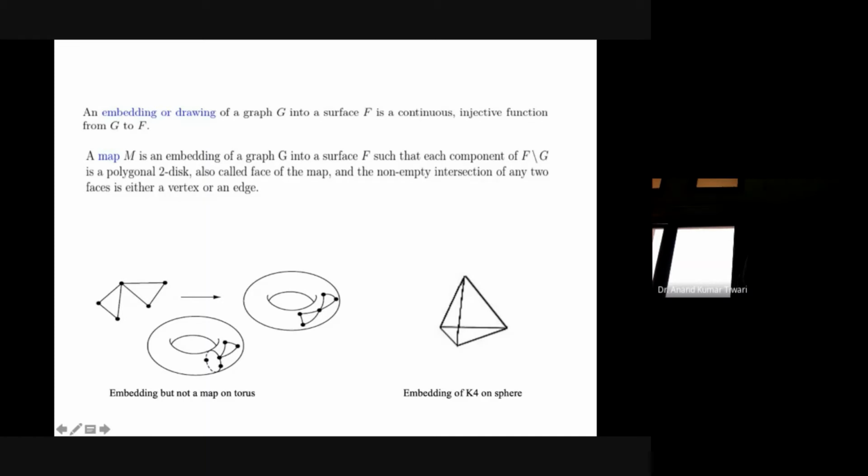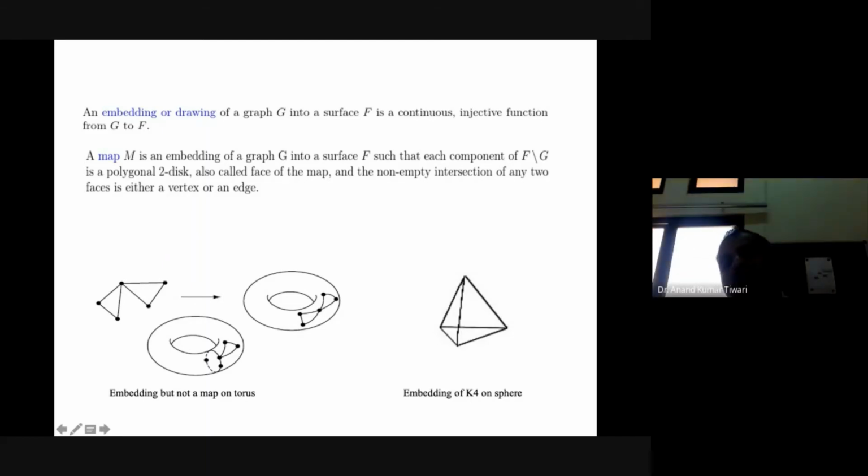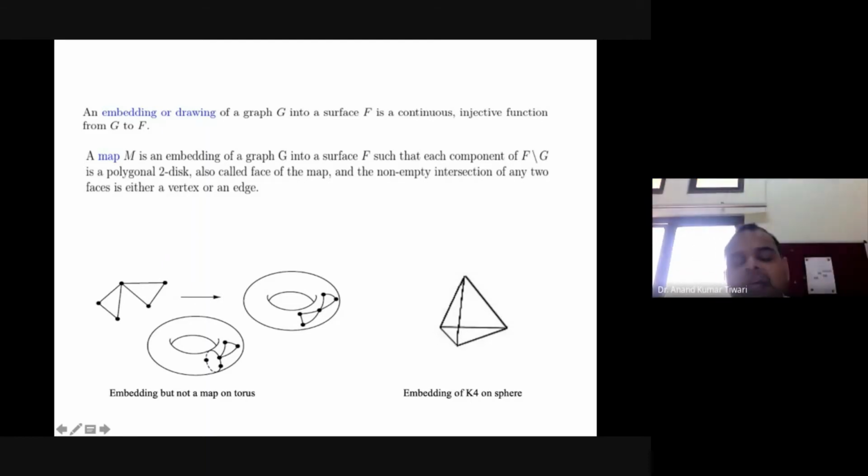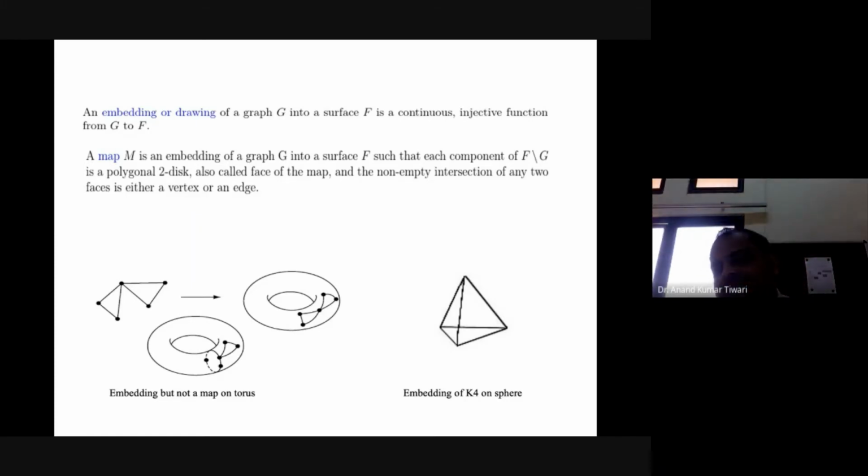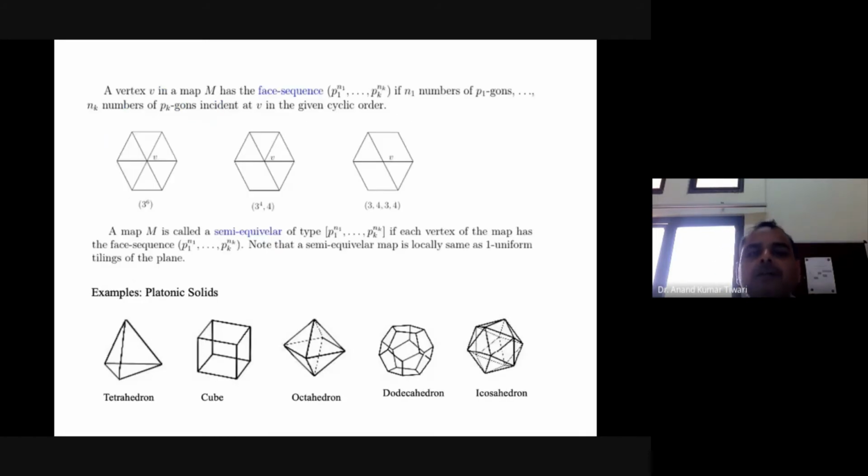However, this embedding is not a map, because F minus G is not always homeomorphic to a 2-disk. On the right-hand side is a tetrahedron. In fact, it is an embedding of K4 on the sphere, and each component of F minus G is a polygon, in fact a trigon.